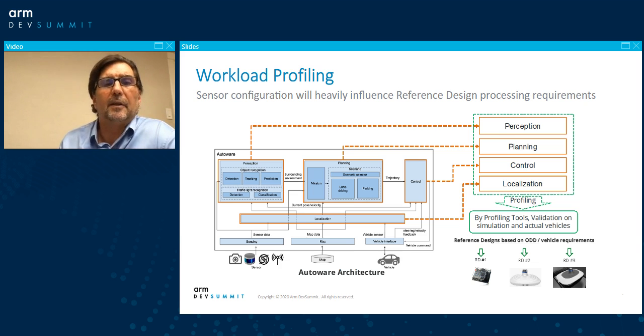As you see on the lower left there, all of these sensors, based on the ODD and the sensor configuration, will have a large bearing on the amount of information coming into various functions within the application stack. What we see here are some of the key functional modules that are processed in a typical application stack, such as Autoware.